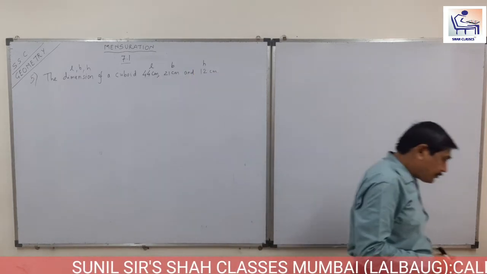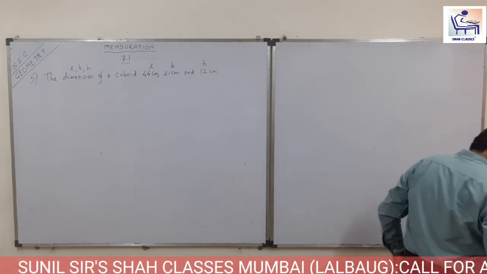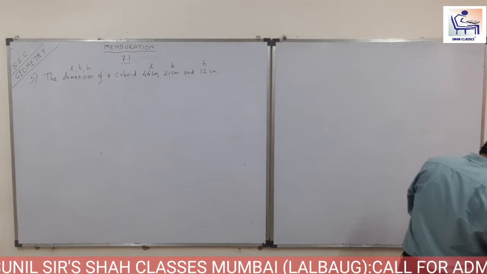Here the dimensions of a cuboid are 44 centimeter, 21 centimeter and 12 centimeter. It is melted.